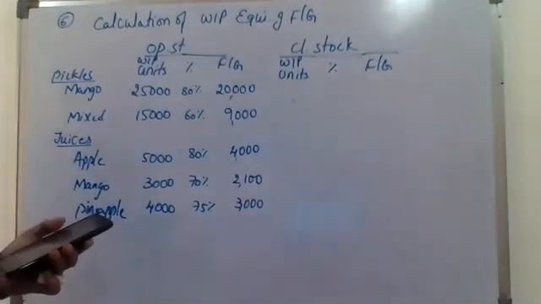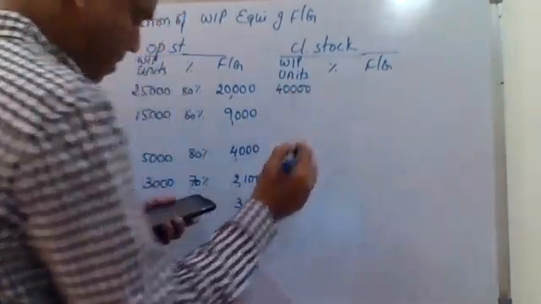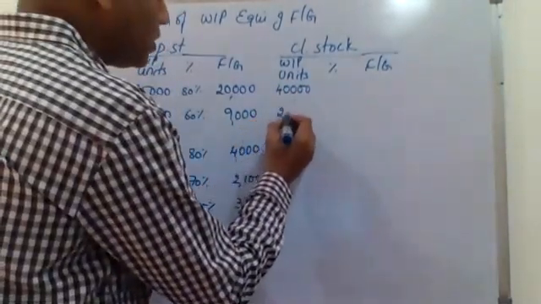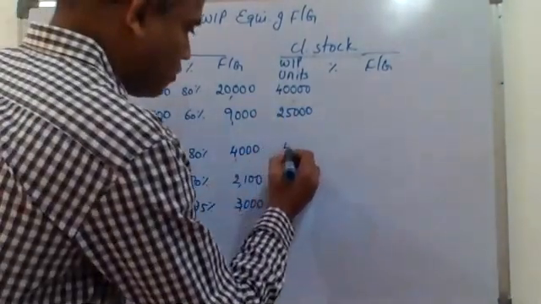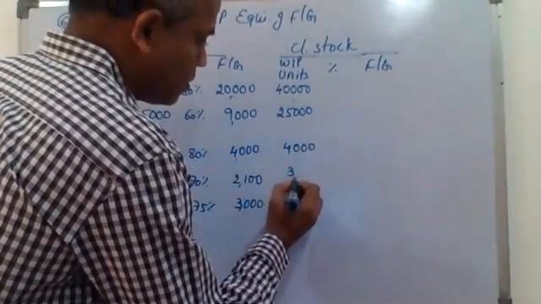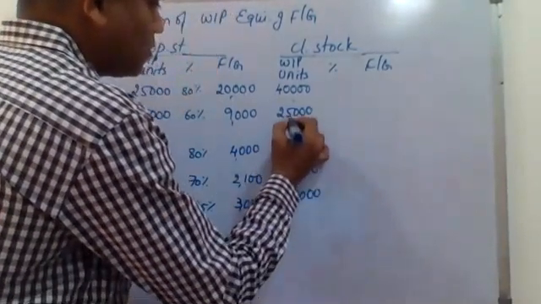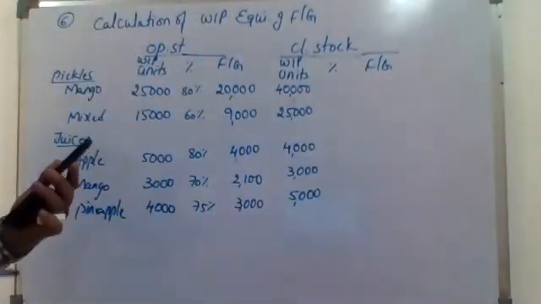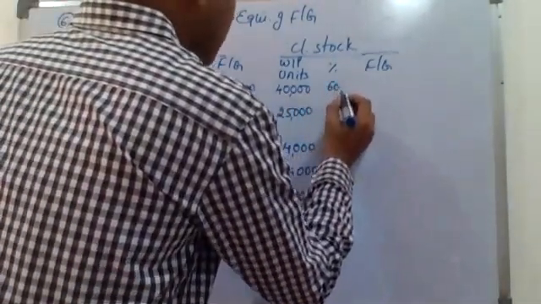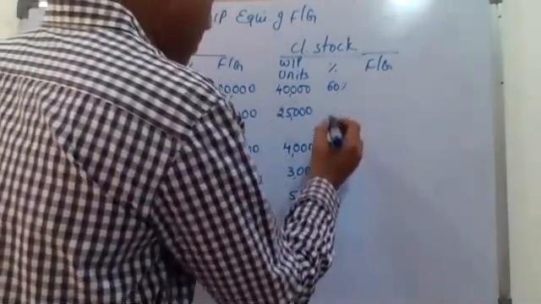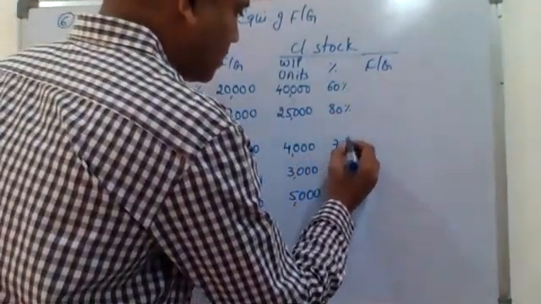Similarly, closing stock units are given to you as 40,000 units. Then we have 25,000 units. We have 4,000, 3,000, 5,000. Okay. And look at the percentages. 60, 80. This is 60% complete. This is 80% complete. 75% complete.